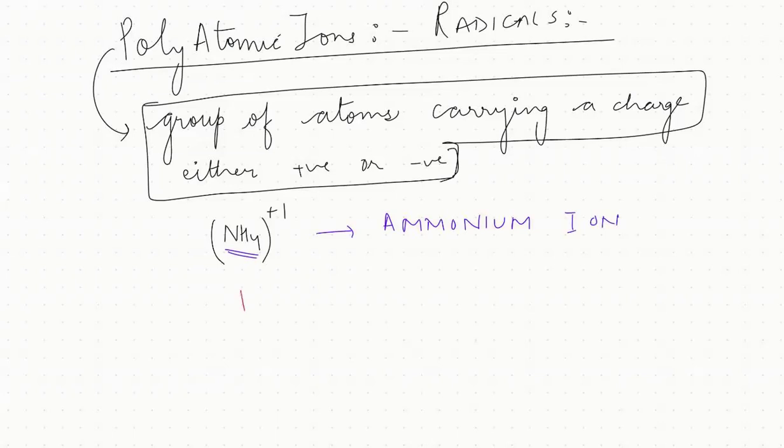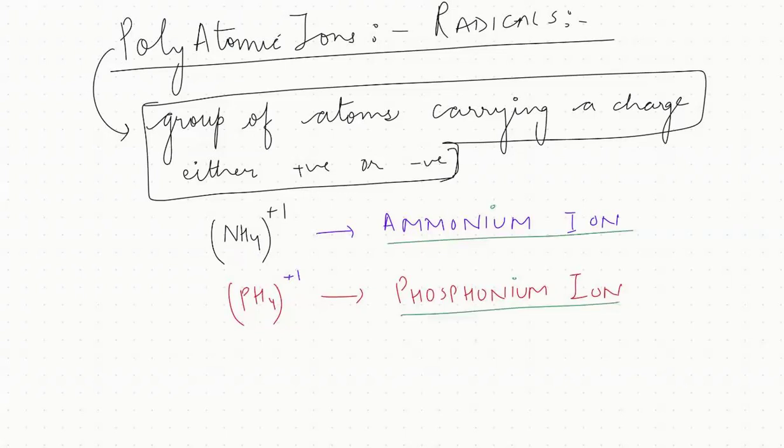When I say PH4 plus 1, it would be called phosphonium ion. So we would have the ammonium ion and we would have the phosphonium ion.